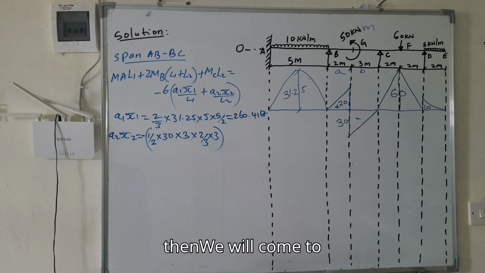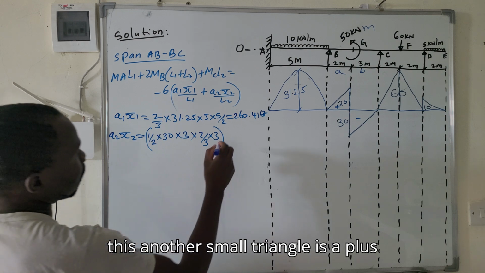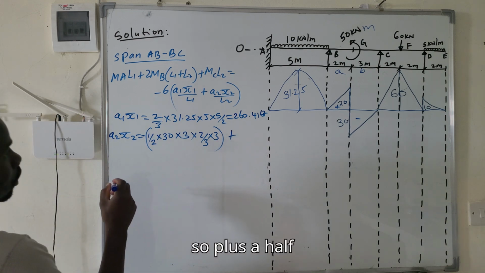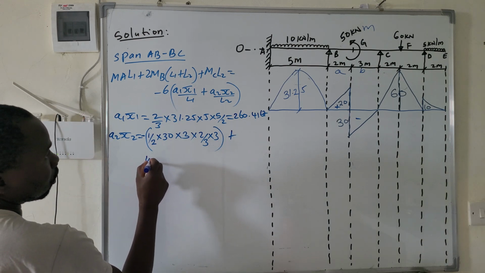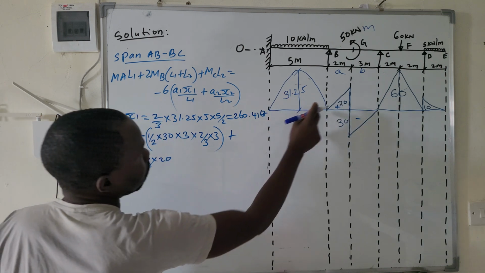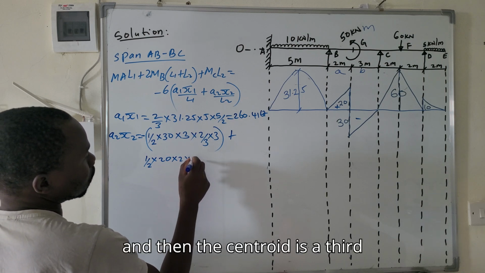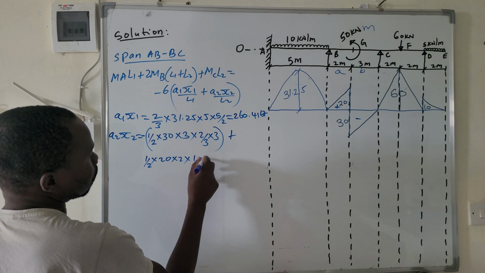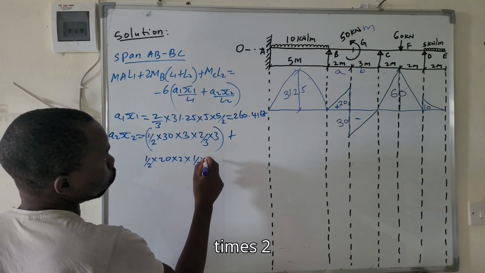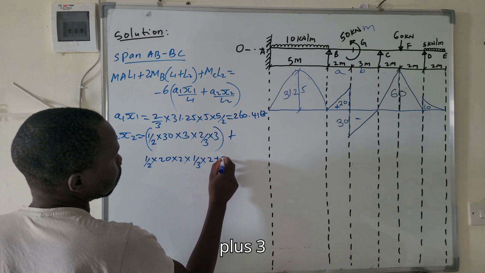And then we will come to this other small triangle, which is a plus. So plus a half times the height, which is 20, the base is 2, and then the centroid is a third times 2 plus 3.